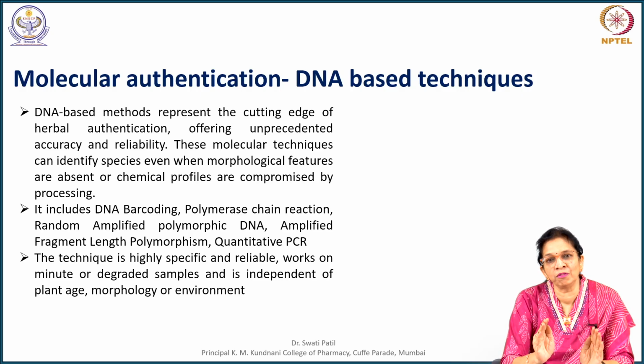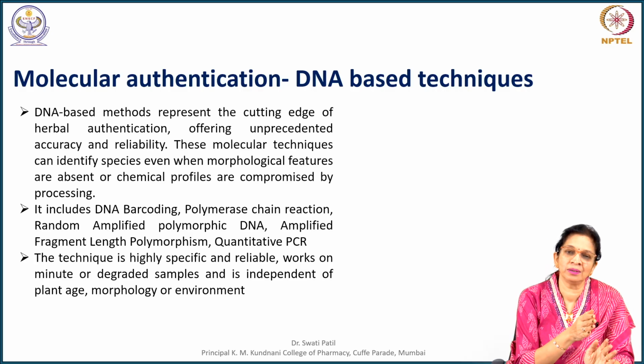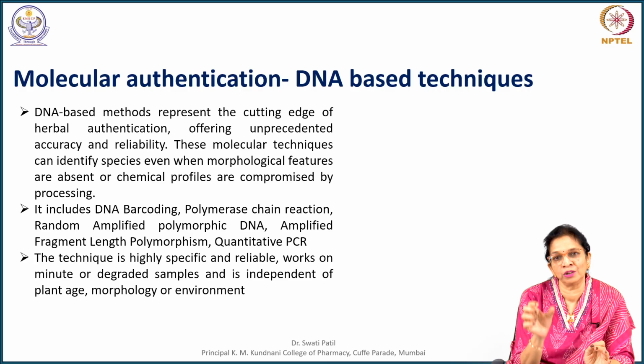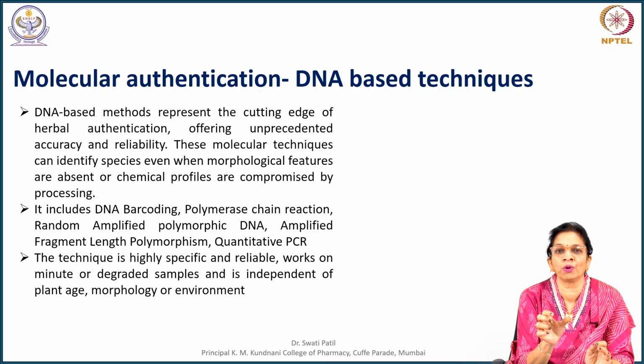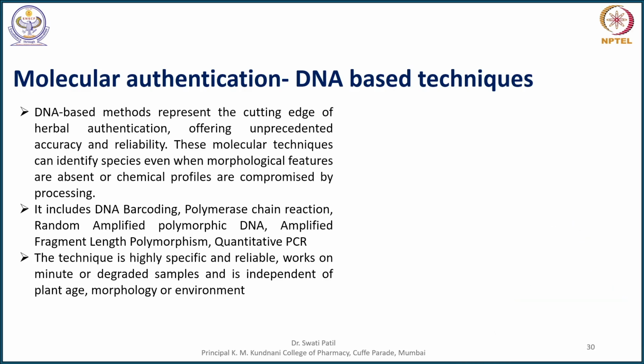For example, if we want to identify a cinchona plant, we can do a DNA fingerprinting of cinchona extract and identify the DNA sequence for quinine, and thus we can say that the particular plant is cinchona.